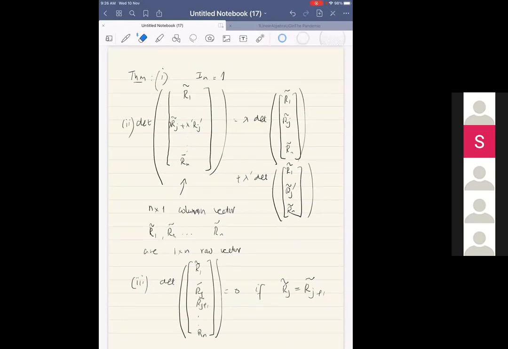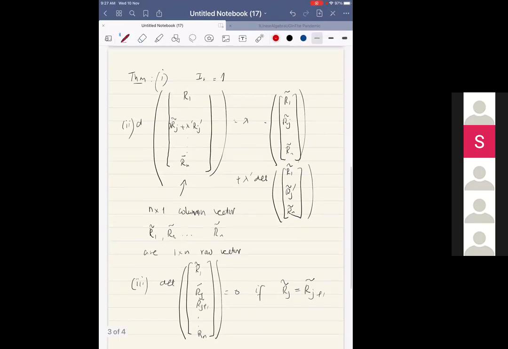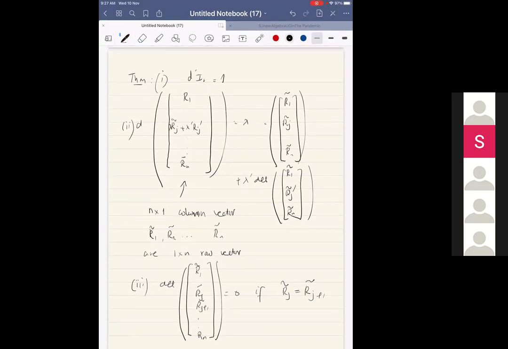I can assume D of this is 0. I can assume this. I'm sorry. I don't like unnecessary colors. So I can assume this. I can assume this.